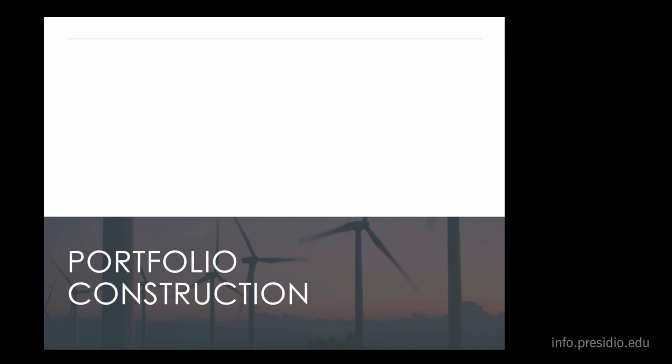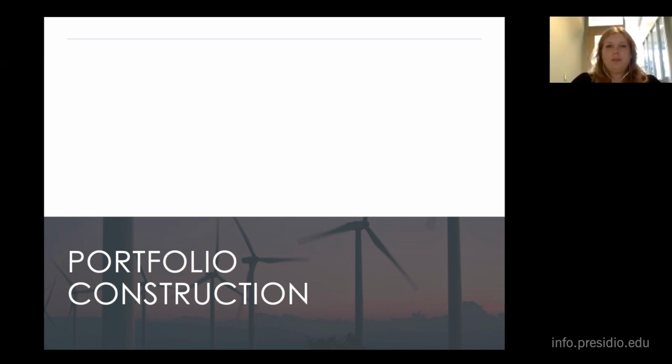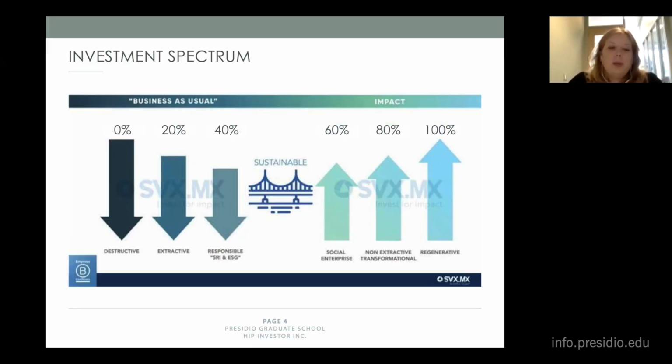Now I'm going to talk a bit about portfolio construction. So also on our last call, we went over an impact investing spectrum, and we spoke about how all investments can be examined in terms of their impact, risk, and return profiles.